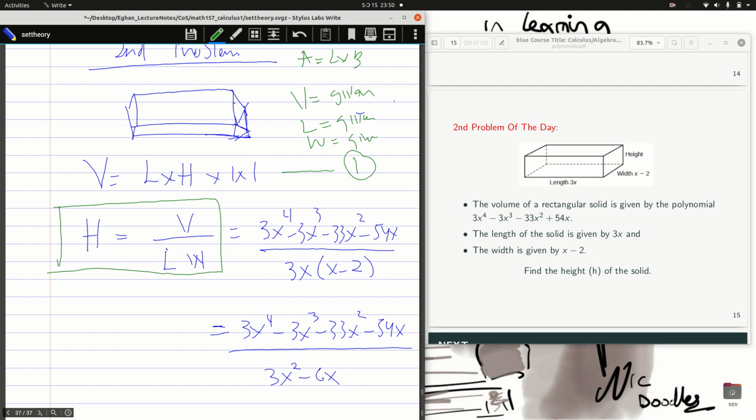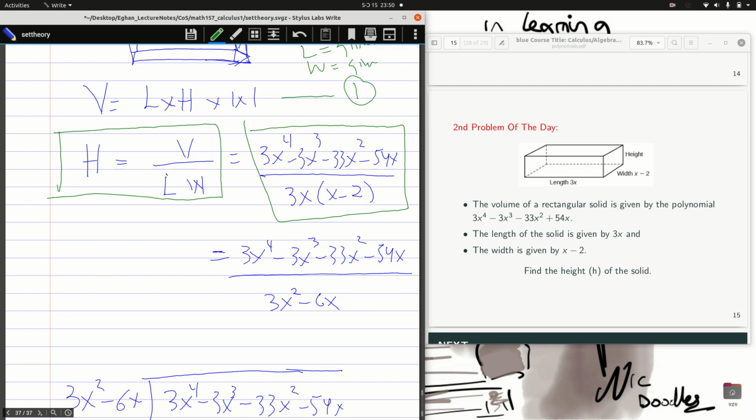And this results to what I have here. You realize that in the denominator, I'm performing multiplication of polynomials. And so I take this term and then that term, and this gives me what I have here.